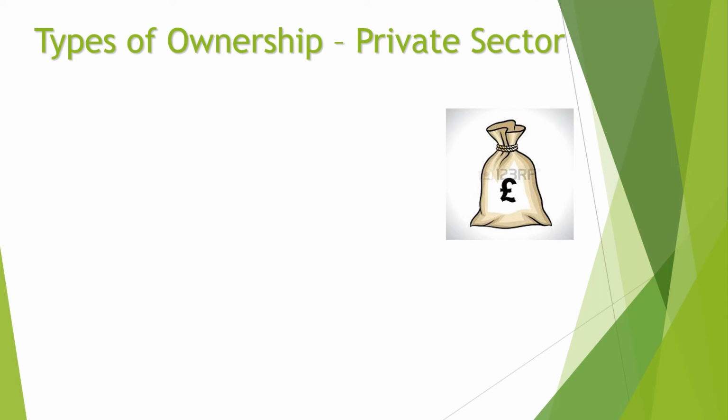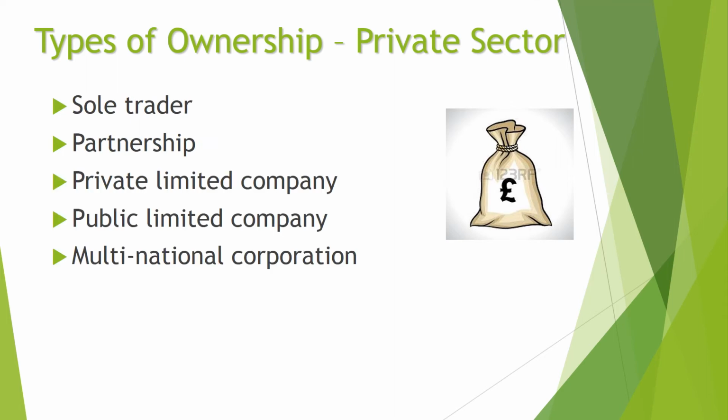So sole traders, partnerships and private limited companies I'm going to talk to you about today. These are just the different types of ownership in the private sector. I'm going to look at the first 3, and the second 3 we're going to save for the higher work for the next lot of slides next week.